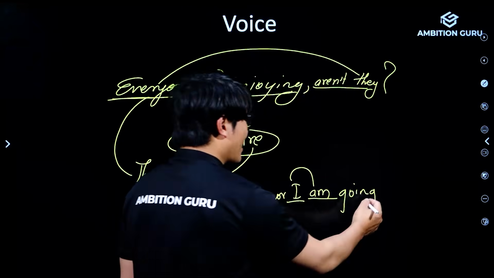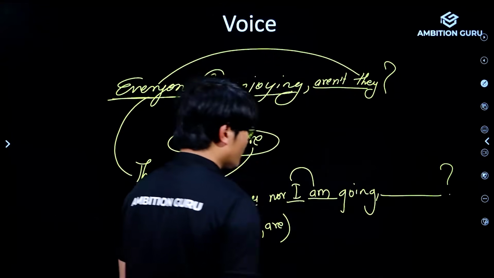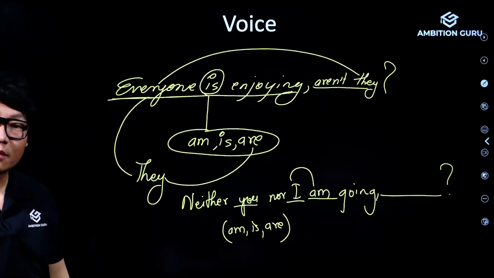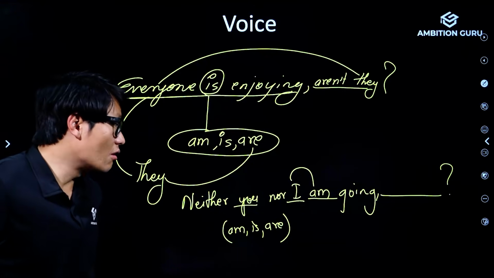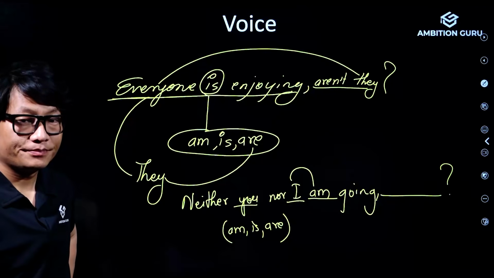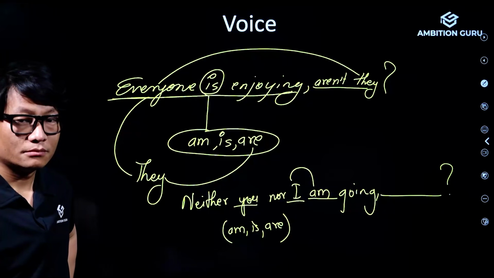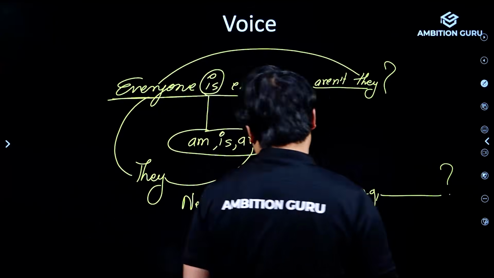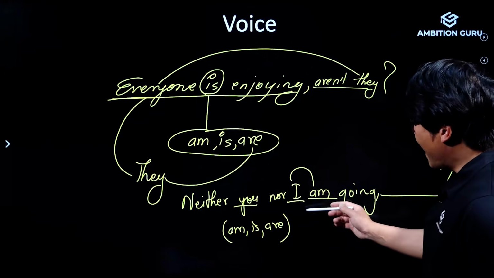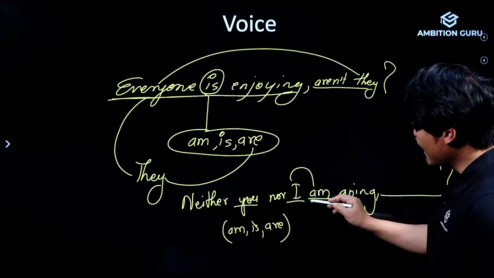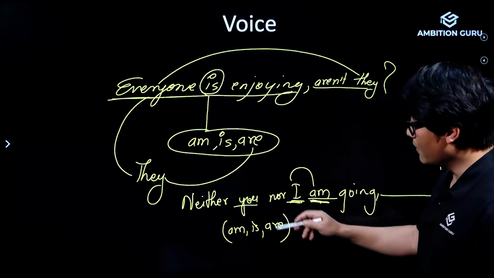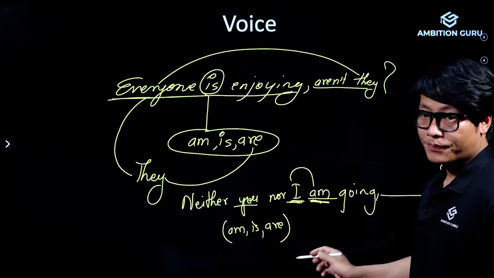So what will be the tag question now? Neither you nor I am going. Okay, very good. So here, neither you nor I am going. Although the verb is used according to the last subject, you can see that the whole subject is plural.